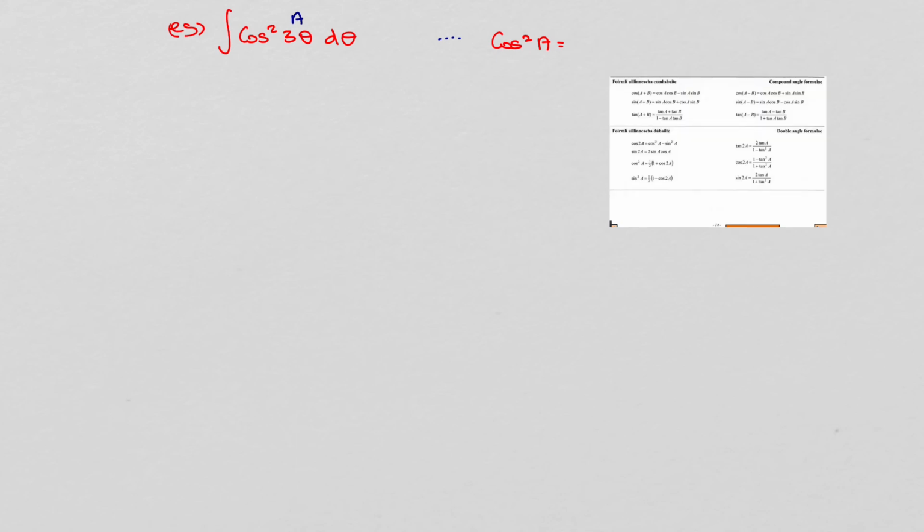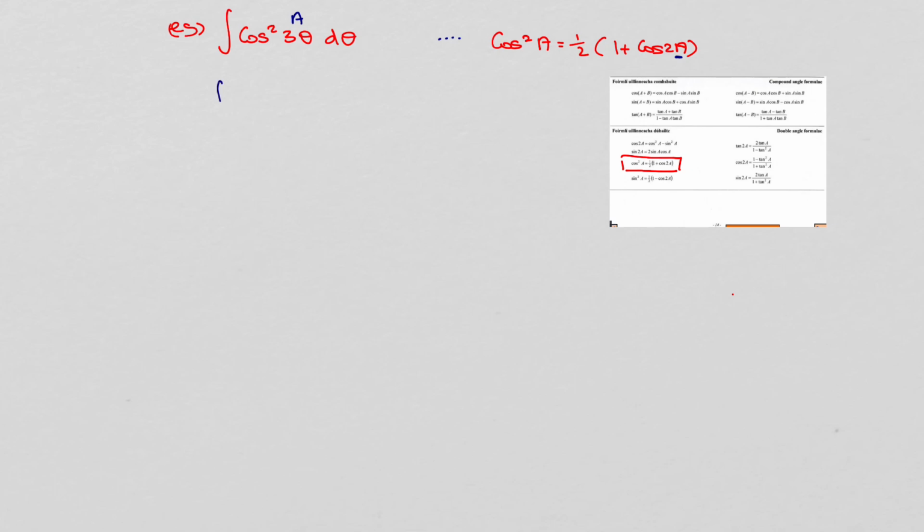We can see here on page 14 in our maths tables, cos squared a is equal to a half times 1 plus cos 2a. And therefore we can integrate that very easily. So let's apply this then to our 3 theta. Wherever there's an a, we're going to be putting 3 theta.